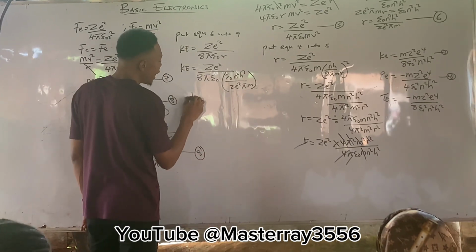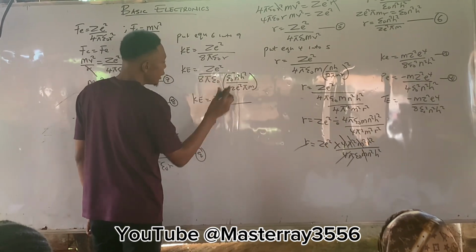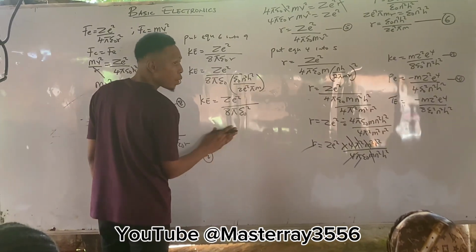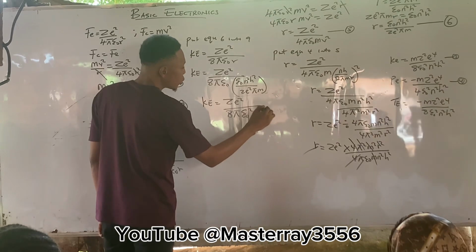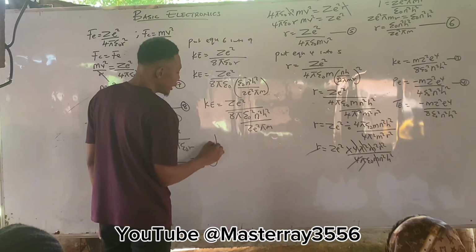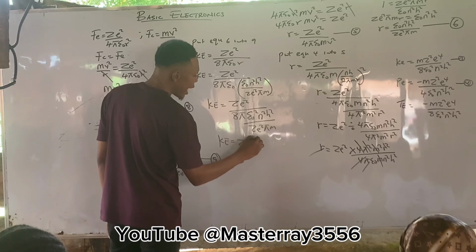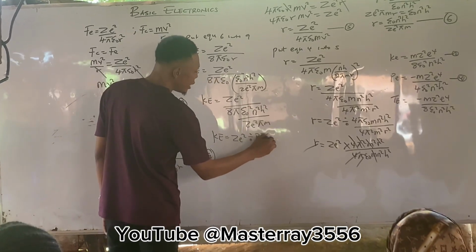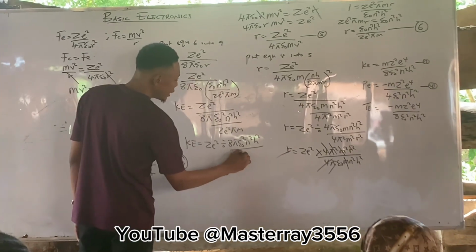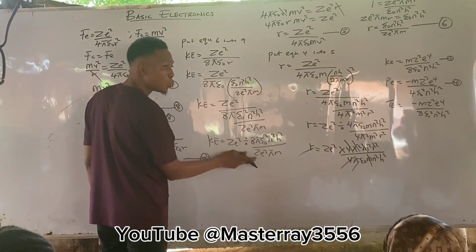So KE equals Z squared over 8 pi epsilon naught times E naught N squared A squared over Z squared pi N. If I'm changing this, this one will move to the numerator, this will move to the denominator.